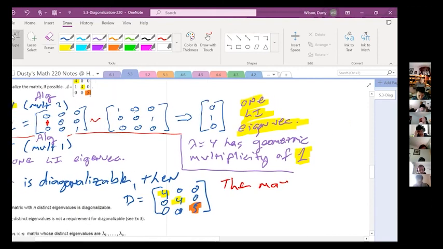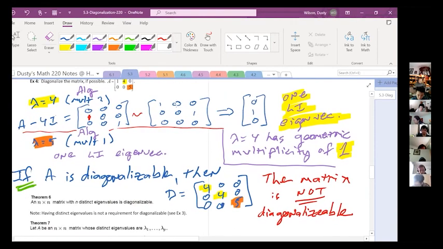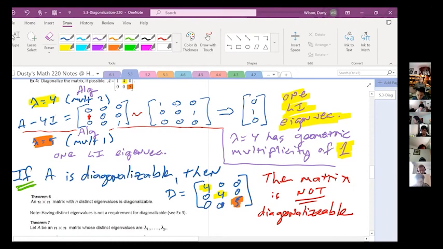So I have that the matrix is not diagonalizable. If it was diagonalizable, then D would equal this thing, but there is no such D. It's not going to work. One correction: it's not that there's one eigenvector, there's actually 2 eigenvectors. We didn't find the second one.